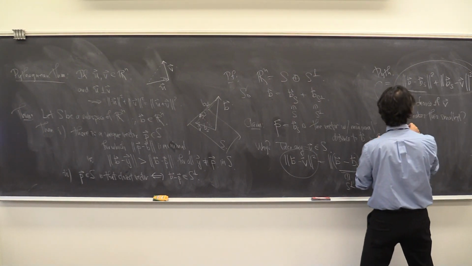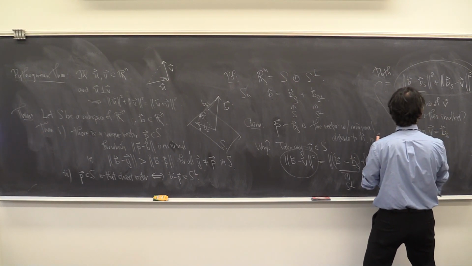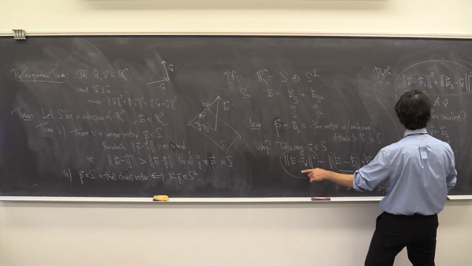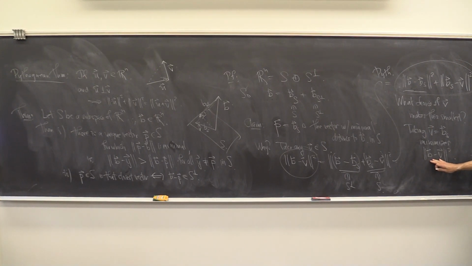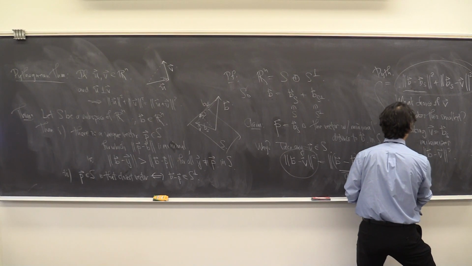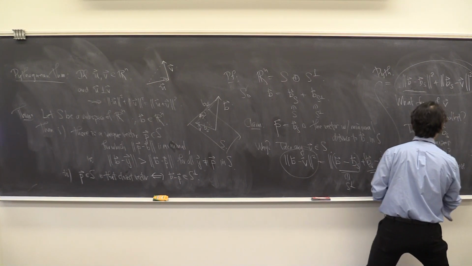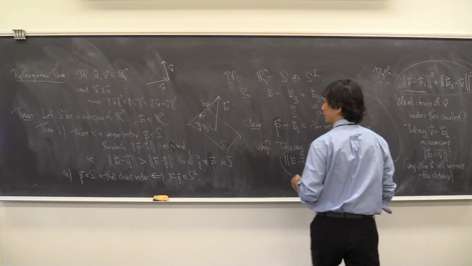So taking V to be BS minimizes the distance between B and V. If we take V to be anything other than BS, then this will become positive, and that just increases the number. Any other V will increase the distance.